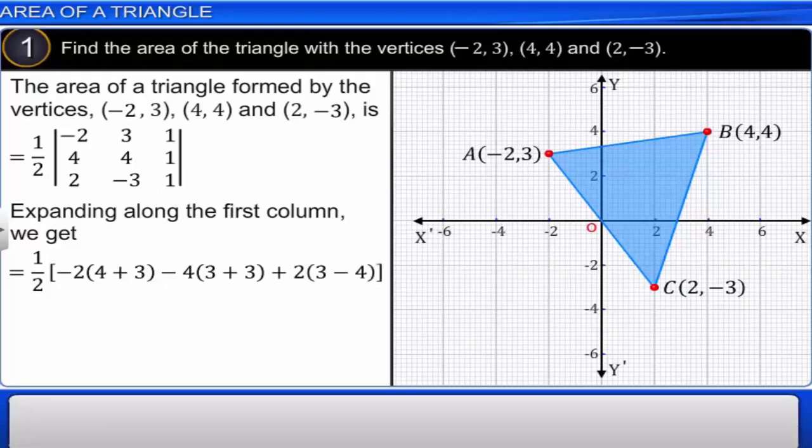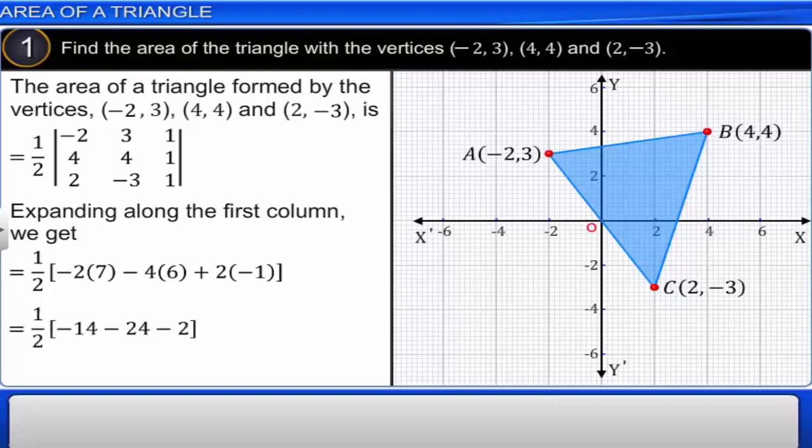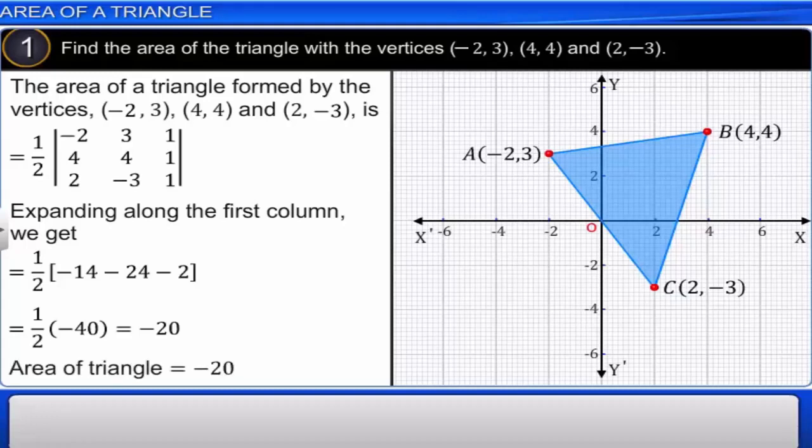On simplifying, we get -20. This means the area of the triangle is negative, which is not possible.